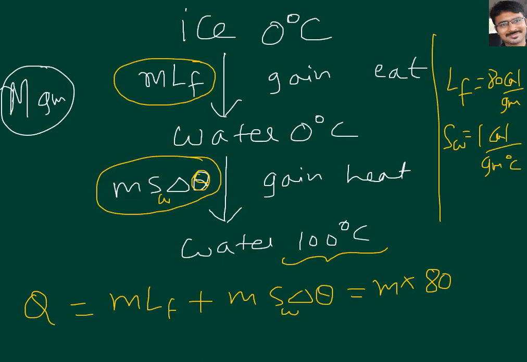So m into 80 plus m into specific heat 1 into the temperature difference. What is the temperature difference here? Here it is 100, here it is 0. 100 minus 0, so simply I can write 100. So finally Q is equal to 80 m plus 100 m, so I can write it as 180 m.